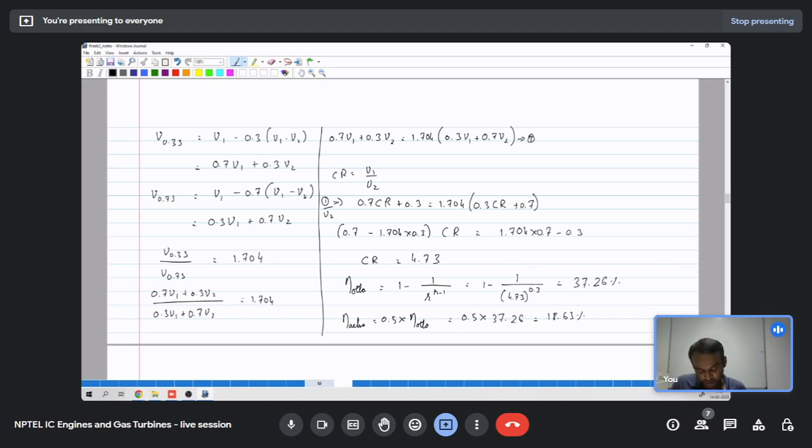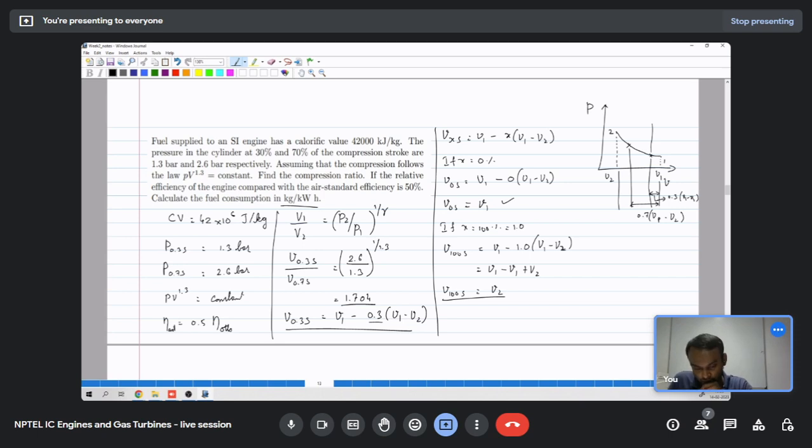Now we know the actual efficiency. We have to find the fuel consumption in terms of gram per kilowatt hour or kg per kilowatt hour. For finding this, we have the calorific value as 42,000 kilojoules per kg, and we also have the efficiency.